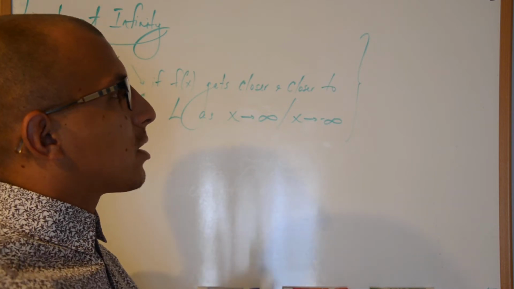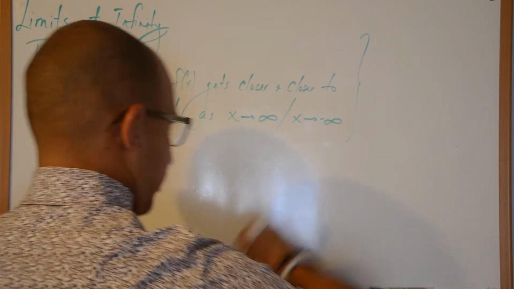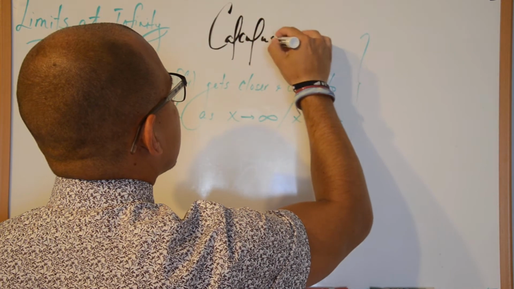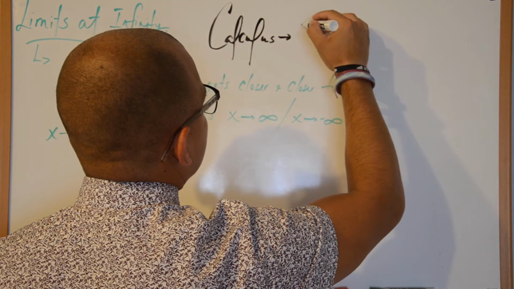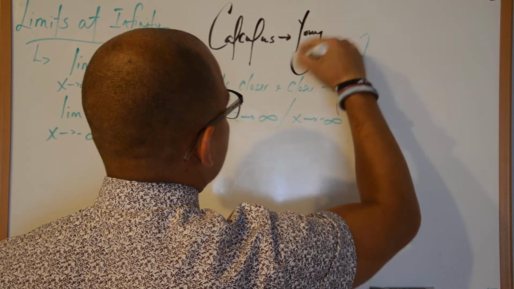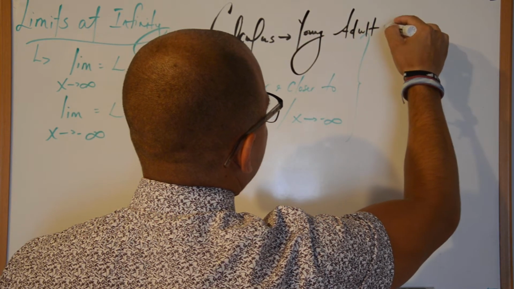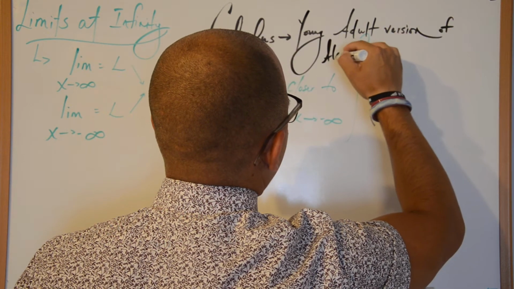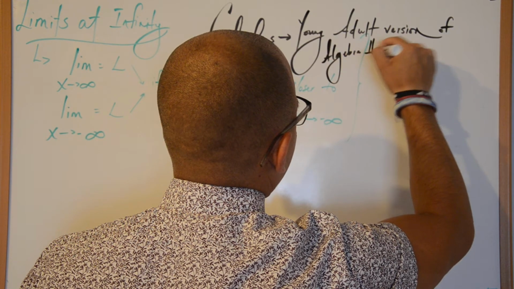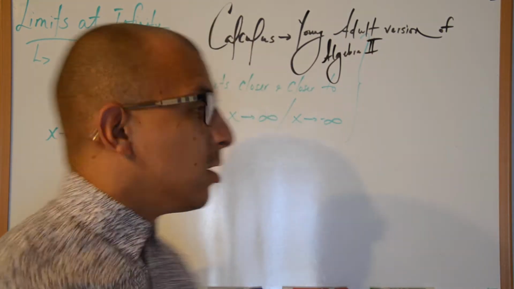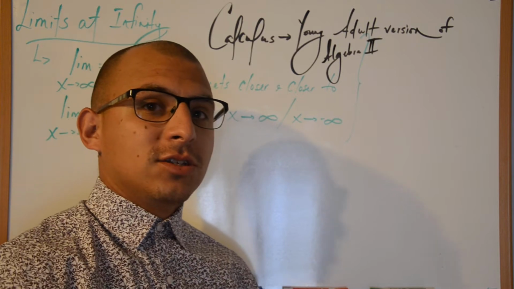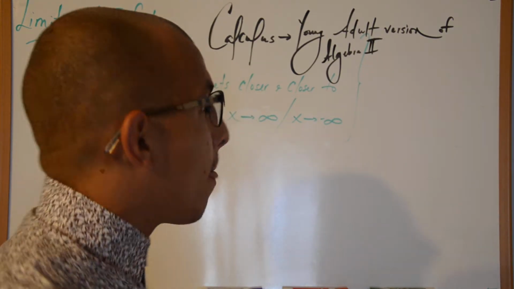The big trick to calculus is simply the young adult version of algebra 2. Because this idea here is not new whatsoever. In fact, you've come across it quite often.